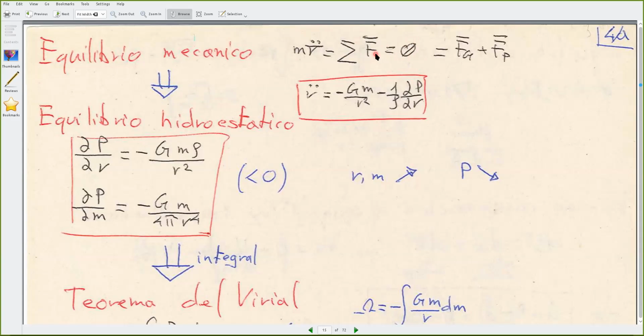The only main forces we have in the star are the gravitational force, or to be more correct, the force connected with the gravitational effect, because actually the gravitational force doesn't exist, and the pressure force, the force due to the pressure.